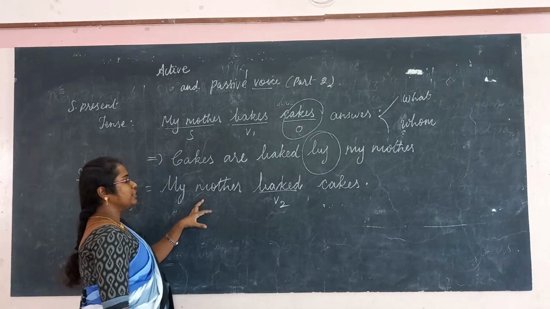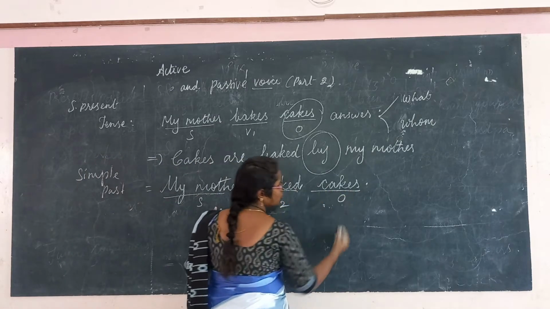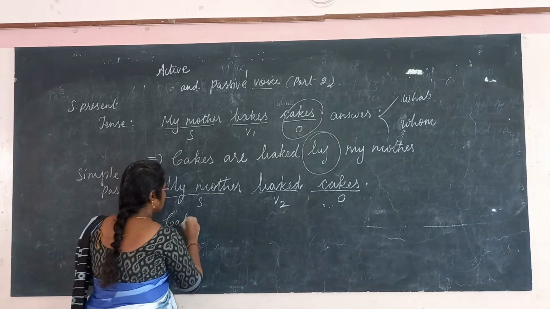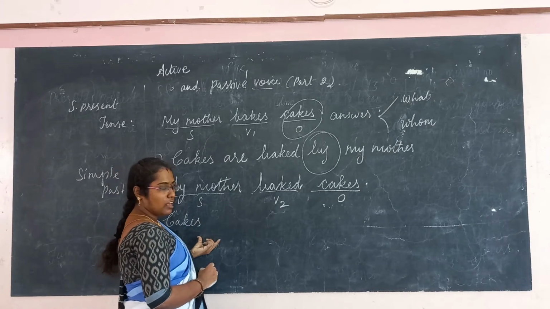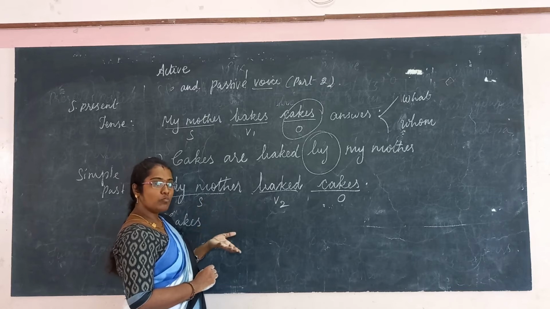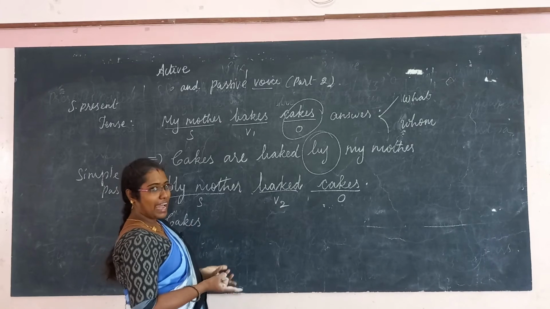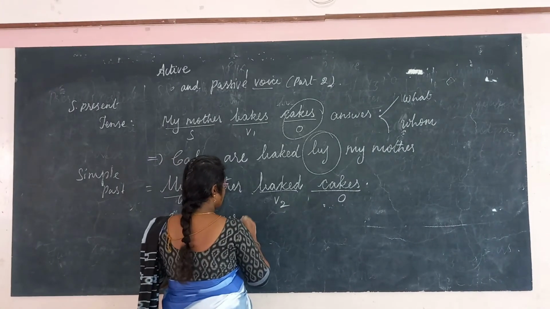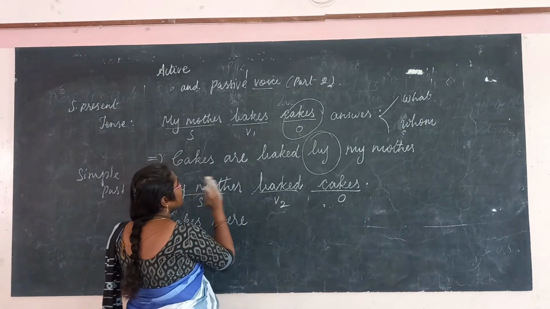This is the subject, this is the verb and this is the object. So how will it change? Cakes. Look, cakes are plural. The tense is simple past tense. So what is the be form verb for the plural in past? Whether was or were. It's plural, so were. So cakes were, then V3. What is the V3? The word baked.